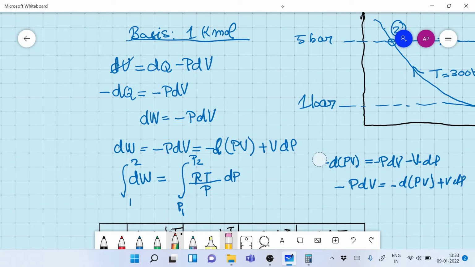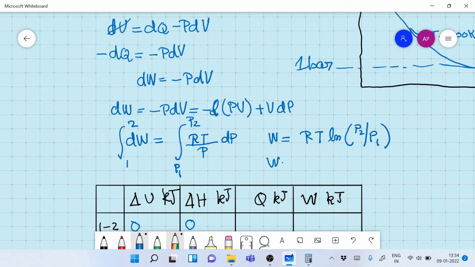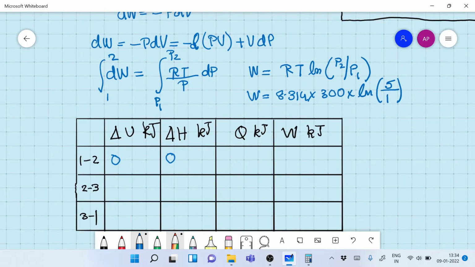Now further, if we integrate this, we will get W for process 1, 2 as R into T ln of P2 by P1, and therefore W is equal to R, which is 8.314, into T, which is 300 Kelvin, into ln of P2, which is 5 bar, and P1, which is 1 bar.